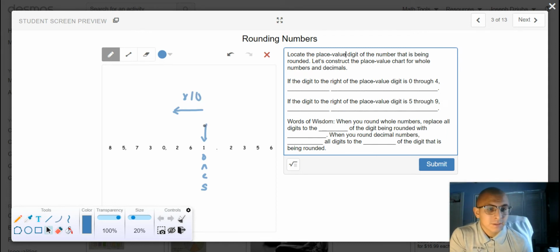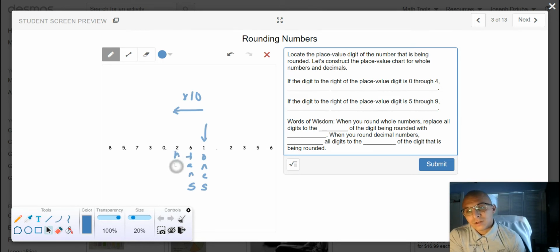style of mathematics. Our society, our world operates in a base 10 system. So if this would be the ones, if we did 1 times 10, we would wind up at the tens digit, and then 10 times 10 becomes the hundreds, and then 100 times 10 becomes the thousands.